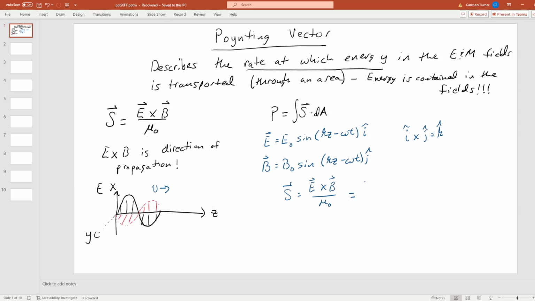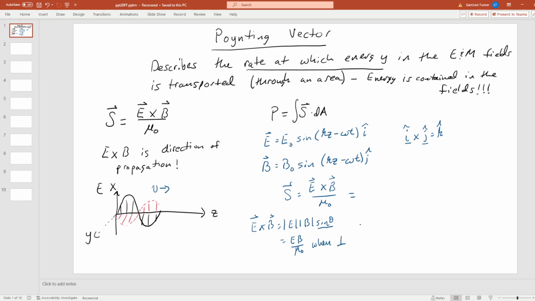And since everything is perpendicular, we can use well, if you think of the cross product E cross B as being the magnitudes of E and B times the sine of theta, the angle between them is obviously 90 degrees. Since one is in the I direction, the other is in the J direction, that's perpendicular. So this just becomes EB over mu naught when perpendicular.